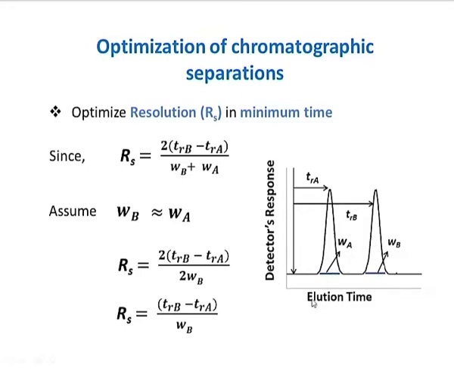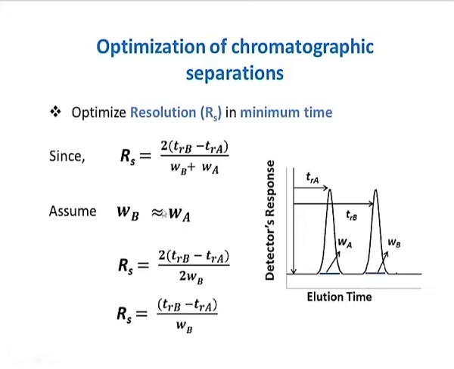Now, we are talking about two peaks and we would like to resolve these two peaks which lie very close to each other, which means that once the peaks lie close to each other, the spread of the peaks is going to remain more or less the same. If this is the case, then we can safely assume that WB in this case would be more or less equal to WA.